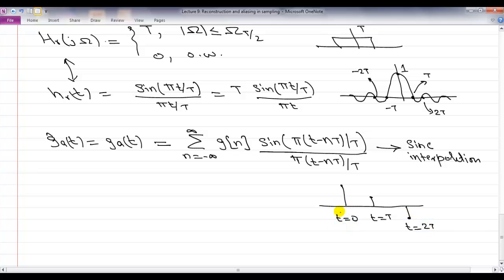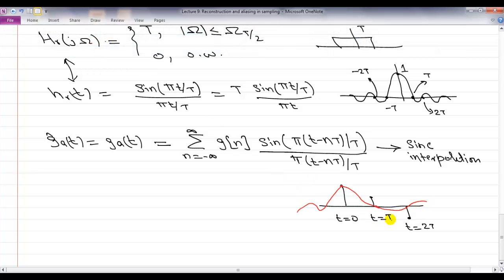And the way you reconstruct your signal, the way you fill in the values in between two samples, at some level it may sound magical, is you basically take your sinc at multiples of T, and the scale of that sinc will be your sample value at that location. First of all, you put down a sinc at t equal to 0, and its height will be exactly the height of your sample. It passes through 0 here, it passes through 0 here, and so forth.